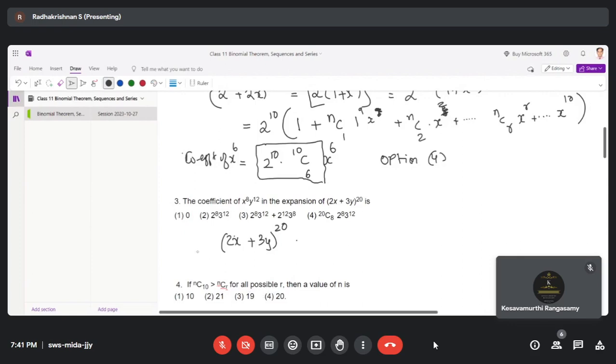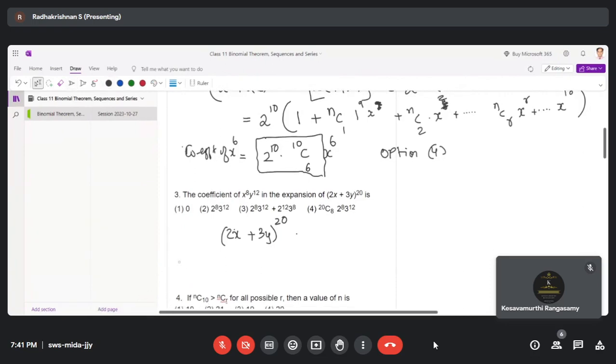So let's write properly using the formula for this. T r plus 1 is equal to nCr, first term to the power of r, the second term to the power of n minus r.